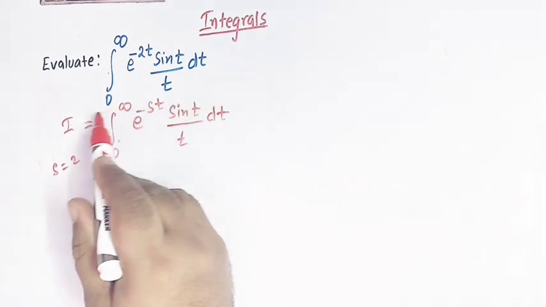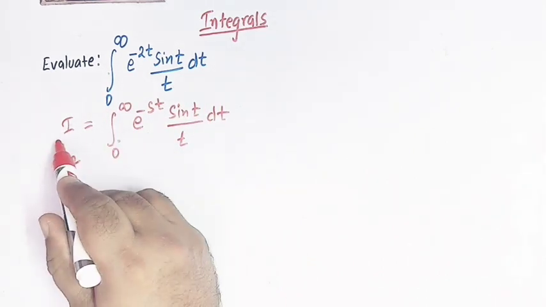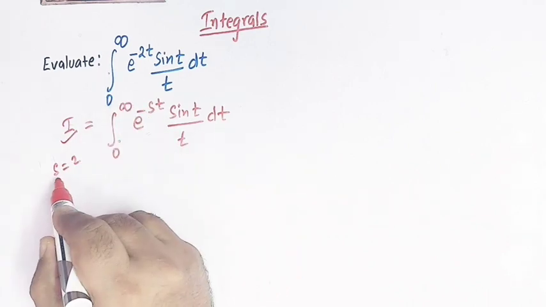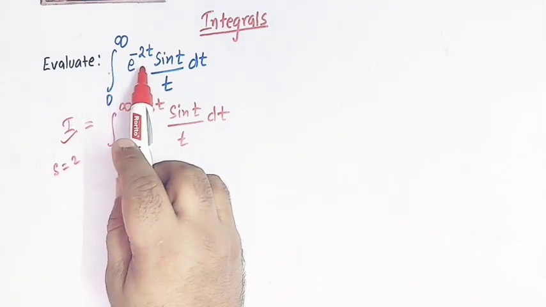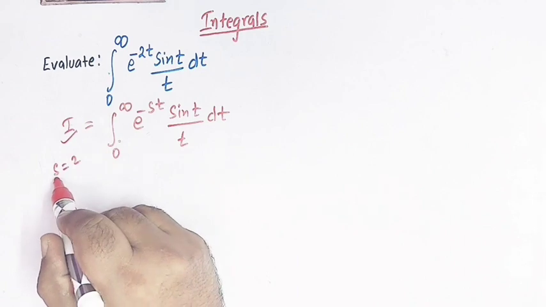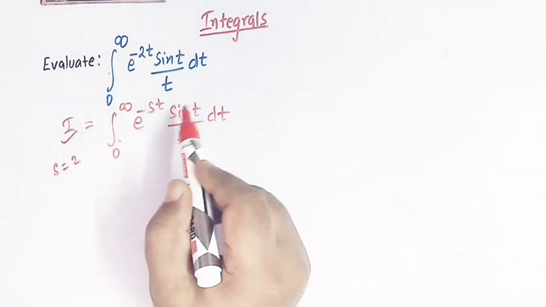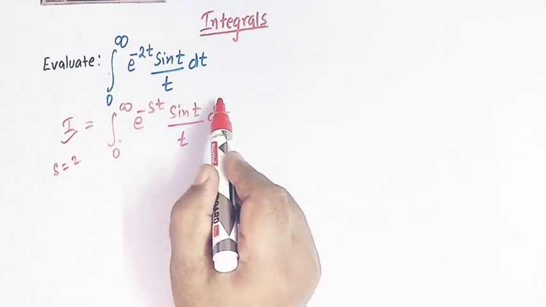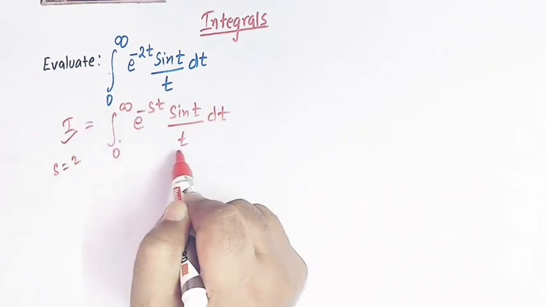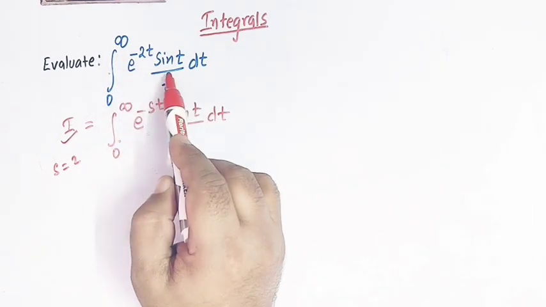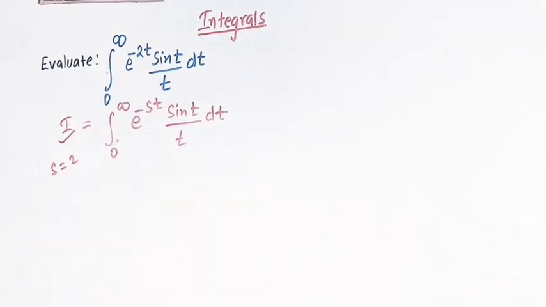And once we obtain the value of this integral I in terms of s, then we can easily find out the value of this integral by taking the value of s as 2, right? So our aim is to find a more general integral and then to obtain the value of this particular integral by taking s is equal to 2, right?